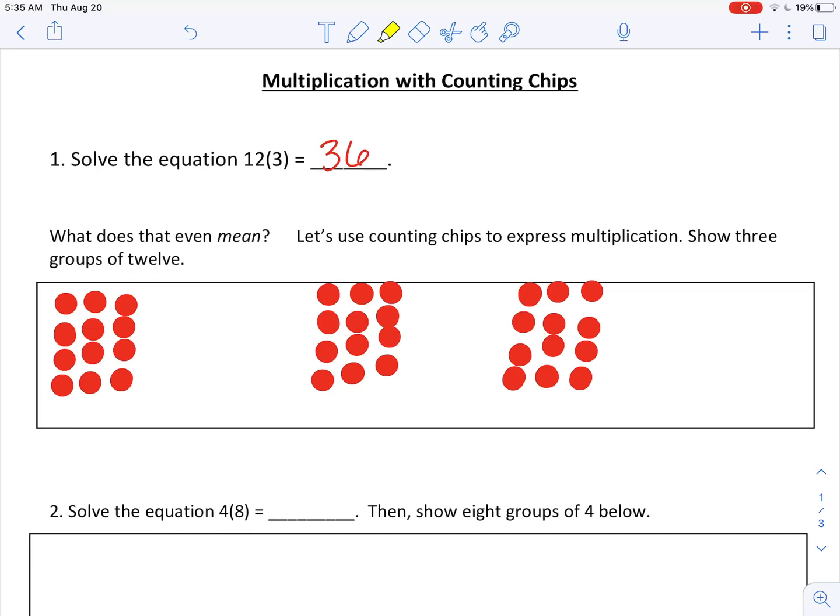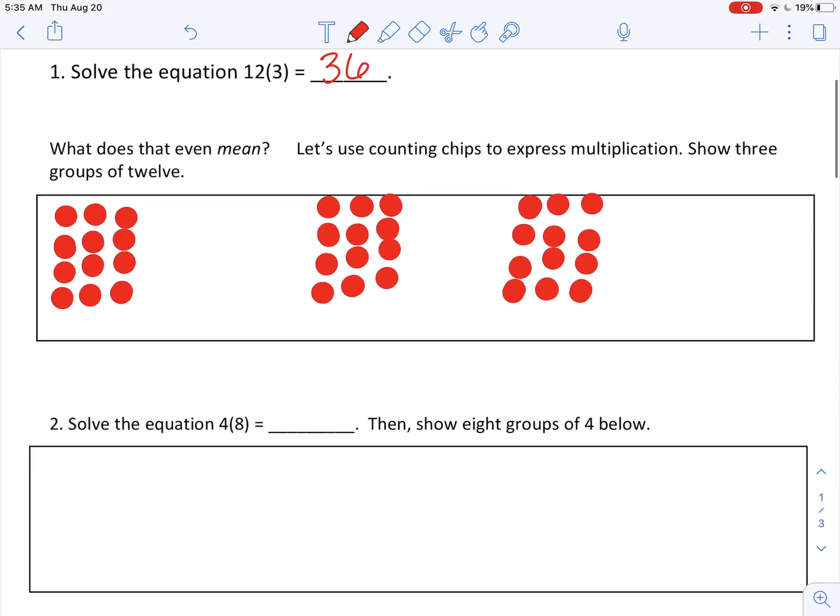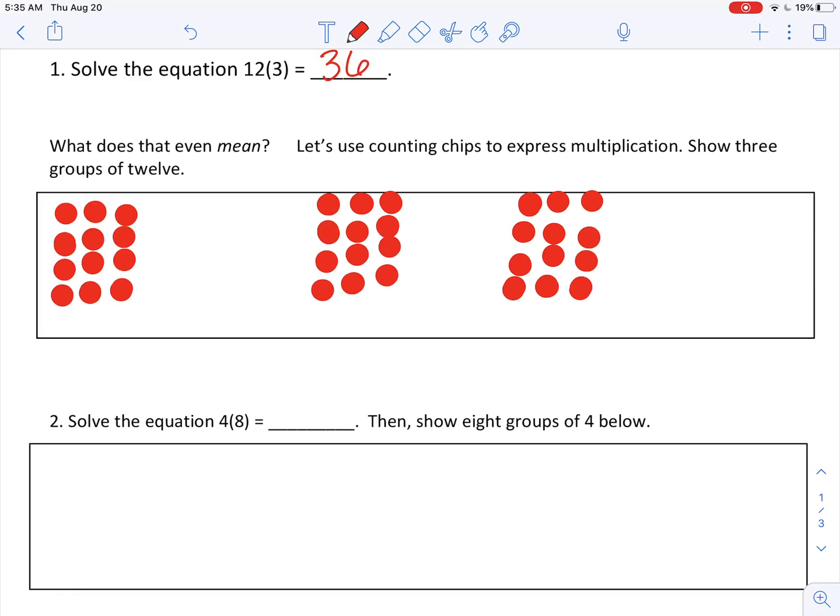So this, you could think of this as 12 times 3. So here's 12, and then I did 12 3 times, or 12 times 3. So this is just another way of representing multiplication with our counting chips.